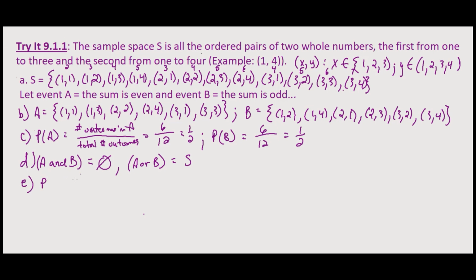The probability of A and B occurring is 0. There's nothing in the set, so the probability is going to be 0. And the probability of A or B, well, it's the entire sample space, so it's going to be 100%.